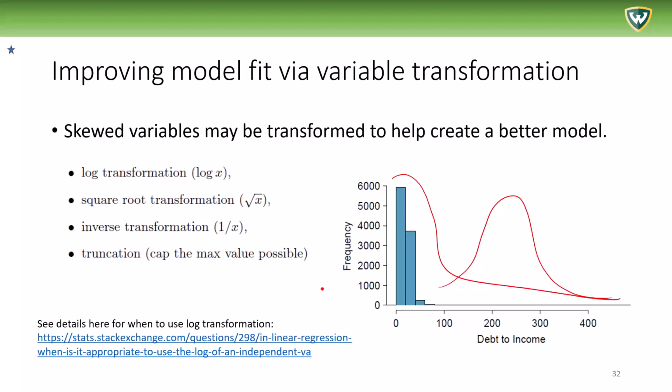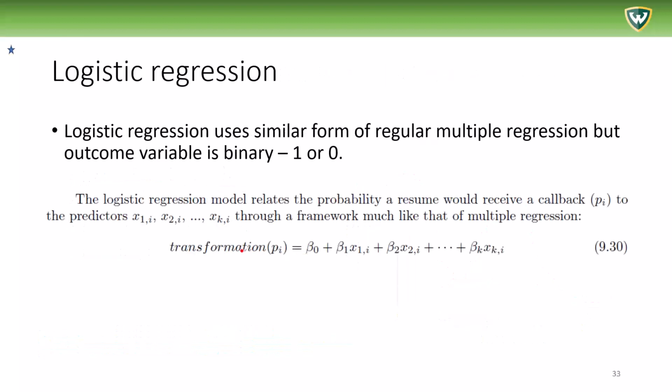We're not going to get into model transformation or variable transformation at this point, but if you're interested in it, and if you see that one of the variables is very skewed, maybe a log transformation, which is very common when we have skewed data, would be interesting. And there's a lot of resources. Actually, there's a very good response on Stack Exchange about when to use log transformation in your regression model. Okay, next we're going to talk about these model conditions for logistic regression.